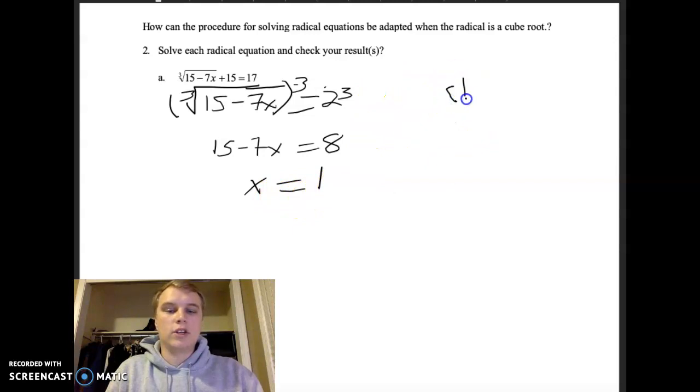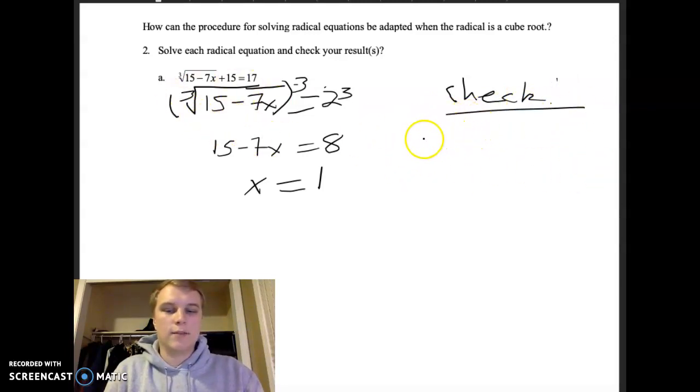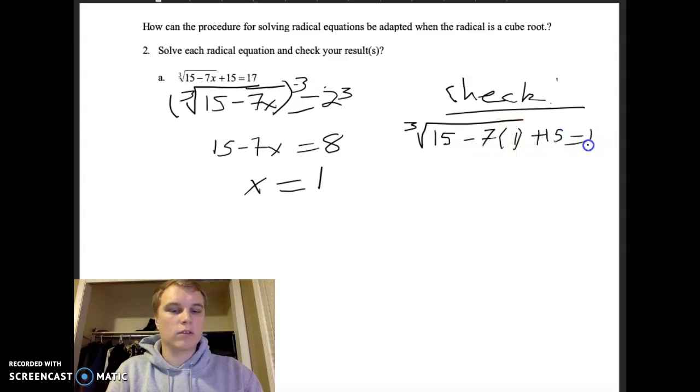And when we check, I'm going to show visually. You can also do it just by plugging in 1 into your calculator. But for the sake of the video, we have the cube root of 15 minus 7 times 1, plus 15 equals 17. Okay?